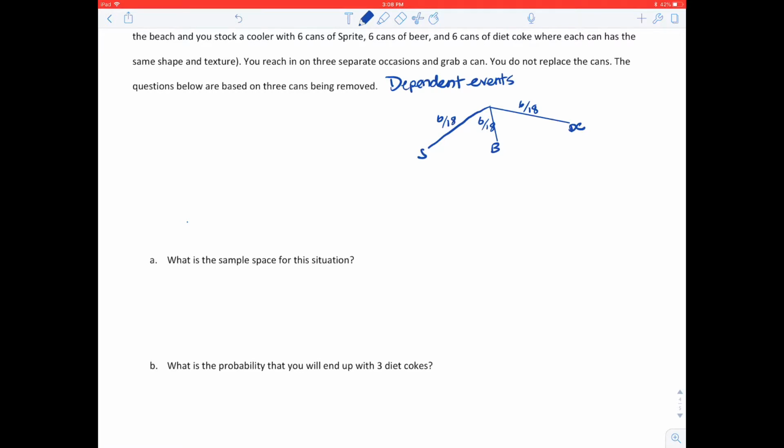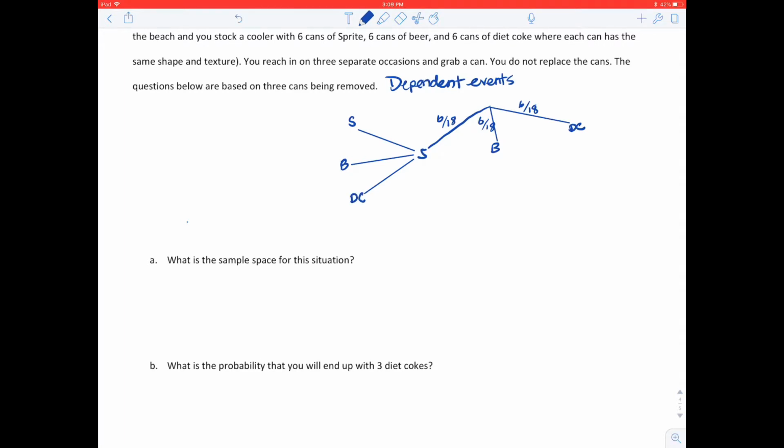Now, if we drew a Sprite first, let's see what'll happen. So if we drew a Sprite first, we could get a Sprite, a beer, or a Diet Coke again, right?